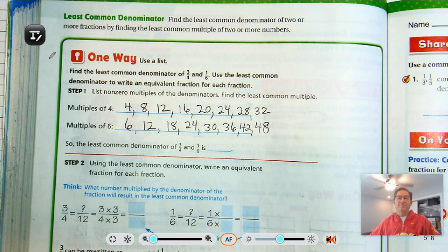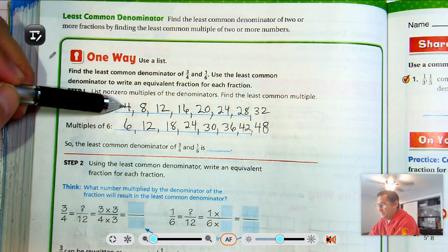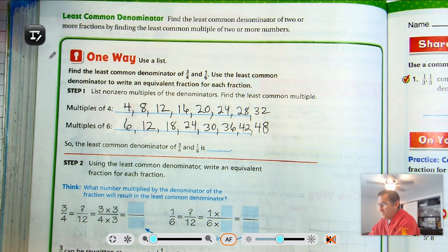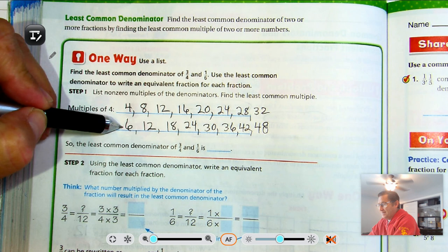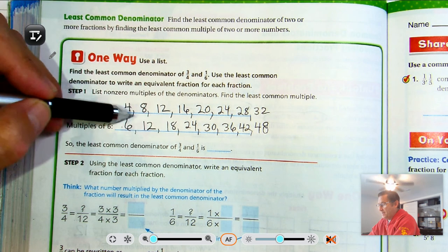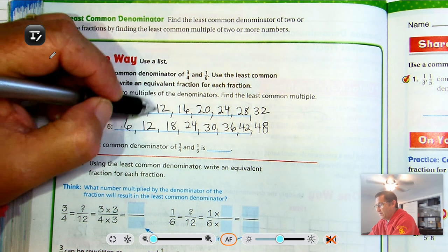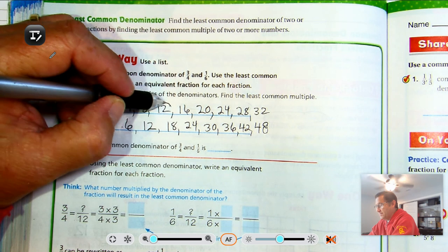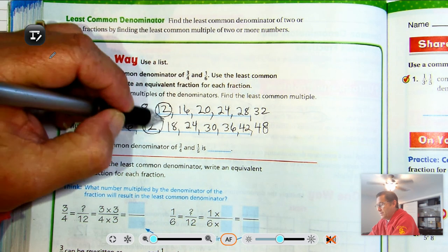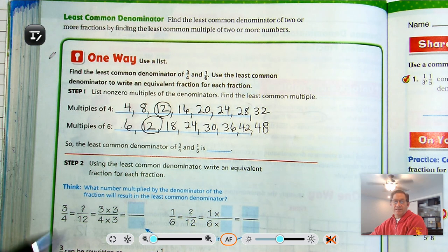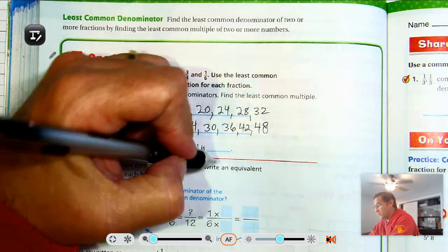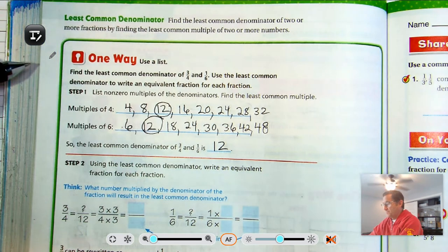Okay, now we're going to find the smallest number that's in common to both. 4 and 6, not in common. 8, not in common to anything. 12. 12 is in common to both. So, the least common denominator of 3/4 and 1/6 is 12.